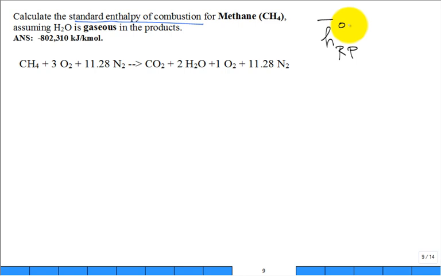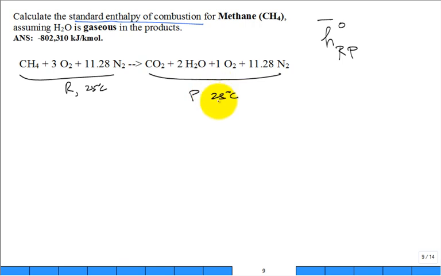All right. So what you do is you're thinking all of the reactants come in at standard conditions, 25C. All of the products go out at 25 degrees C. You do an energy balance, and you find that the Q dot per N dot of the fuel is equal to the standard enthalpy of the combustion.